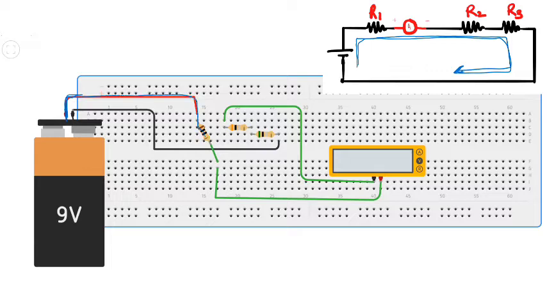It will go through resistance R1, pass through the ammeter and through the negative probe, then go again to resistance R2, onto resistance R3 and back to its source. Meaning these two circuits are equivalent, but the only thing we have to keep in mind is we'll have to break the circuit and make the ammeter part of it.